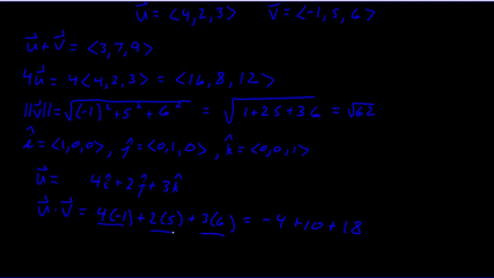Then we add those together, and we get negative 4 plus 28, which is 24. So we get our dot product. This is how we can deal with vectors in 3 dimensions. Now we're not going to put it in trig form, but we can put it in linear combination. So pretty much everything is the same, except we have another component to deal with.